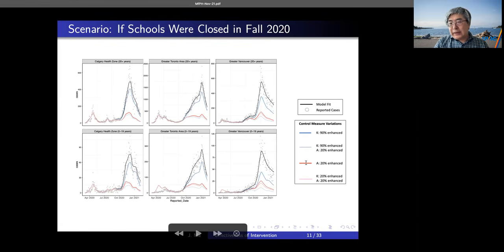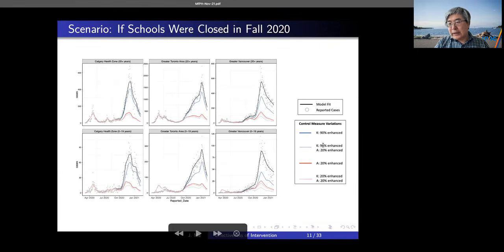However, if we enhance the adult control measures while keeping the school open, just by increasing the adult control measures by 20%, that's the red curve. As you can see, increasing the adult control measures by 20% has a much larger effect than closing down the schools. And that's true for all provinces, for all cities.